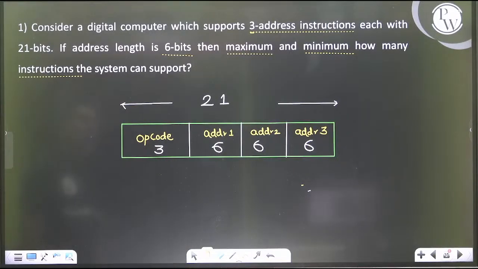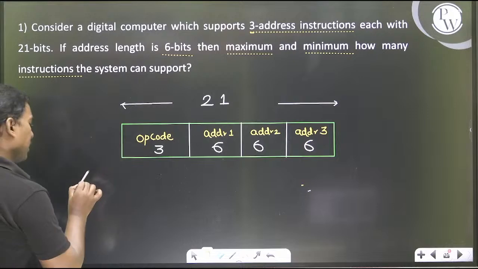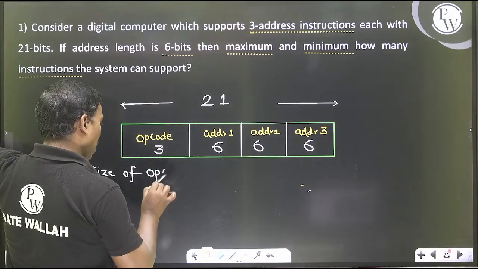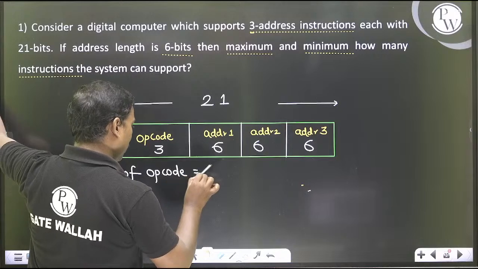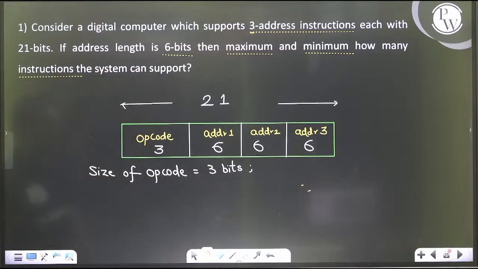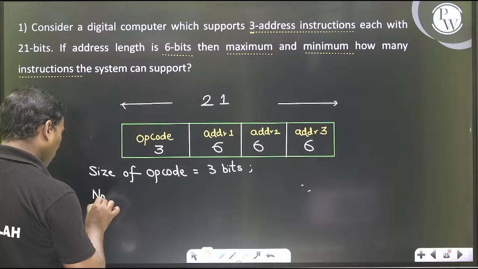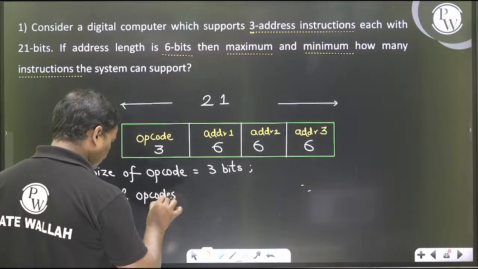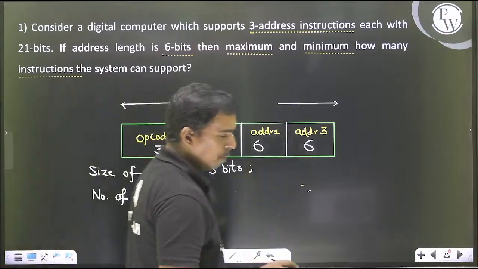So he is asking the maximum and minimum number of instructions the system can support. For the opcode, how many bits are required? The size of the opcode is 3 bits.